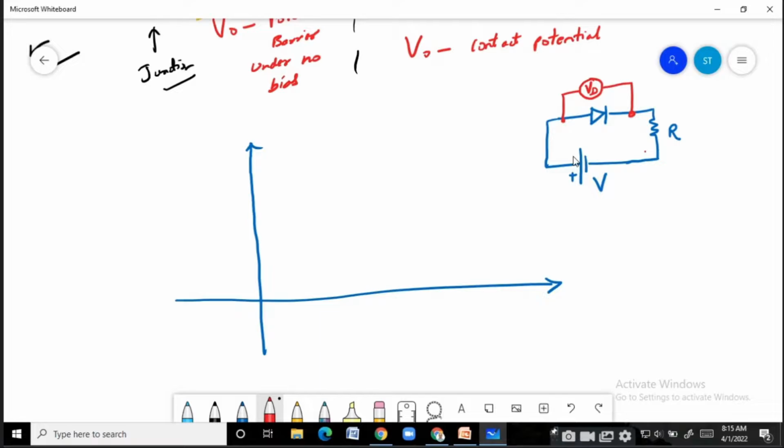You also connect an ammeter to measure the current in the diode, and this is measuring ID, the diode current. So on the y-axis, we put the diode current ID, and on the x-axis, we are employing VD.